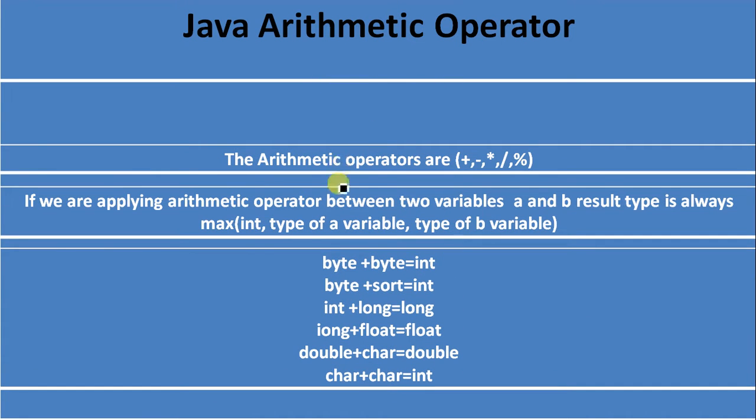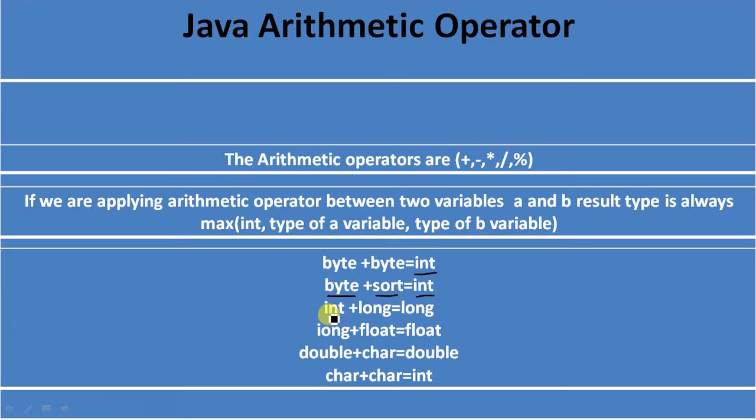If you are trying to add two variables whose types are byte and byte, then the result will be int type. If the first variable type is byte and the second variable type is short, then the result will be int, because int is the max data type from byte, short and int.